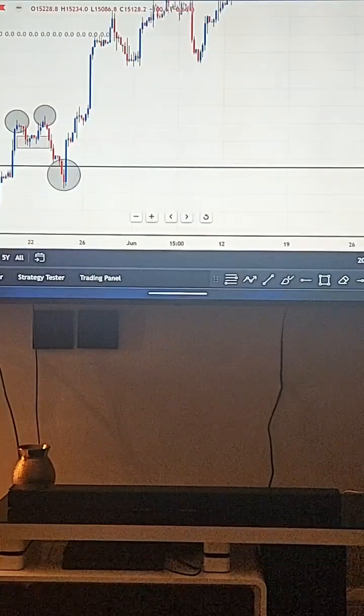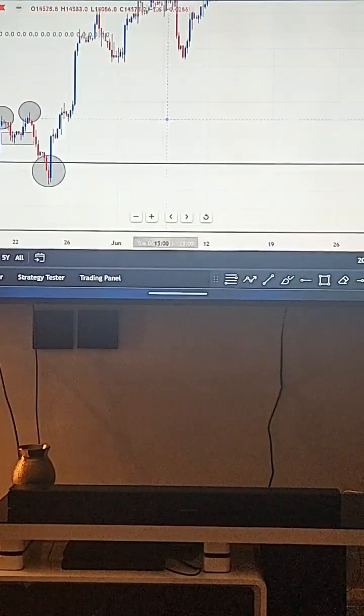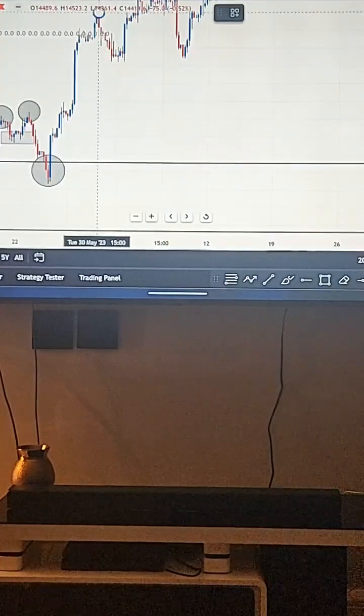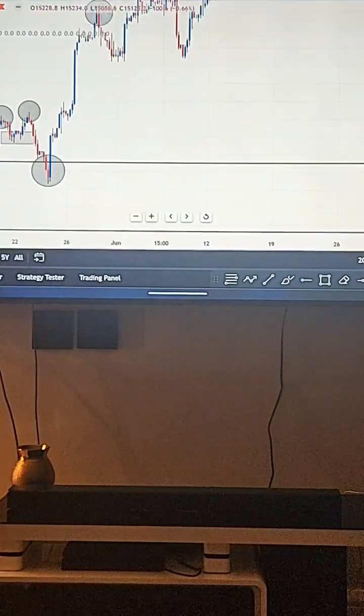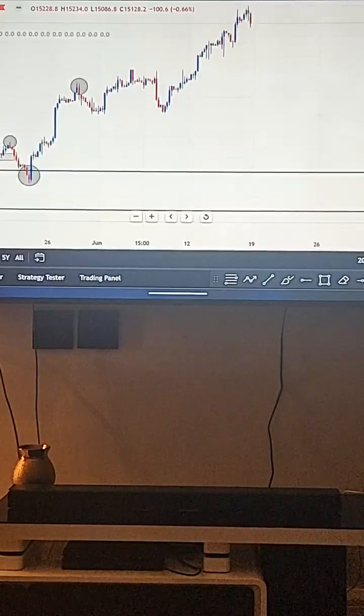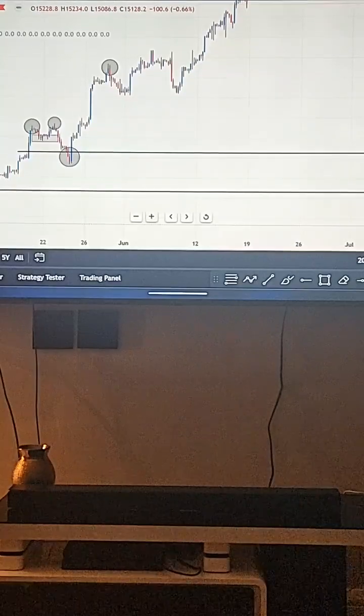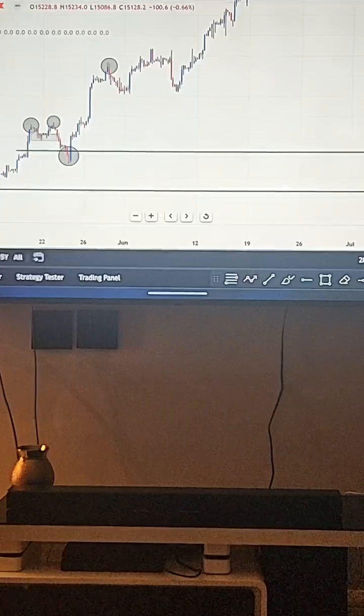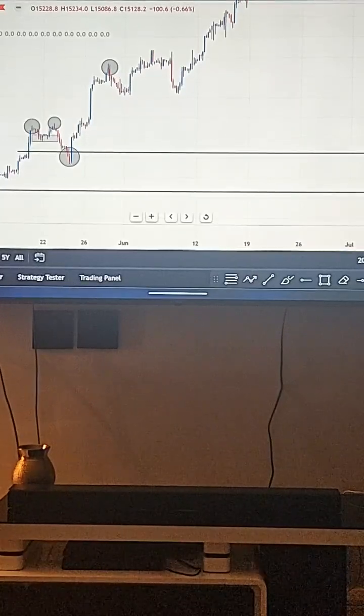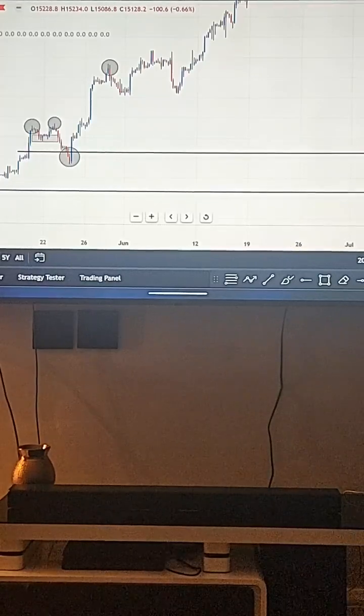Because they're obviously going to go and create a new high. So highs and lows are actually pretty easy to see. You just want to see a high generated and then another high generated thereafter.